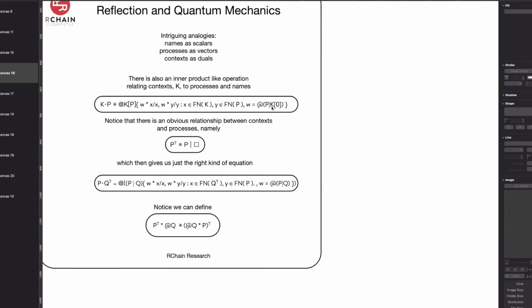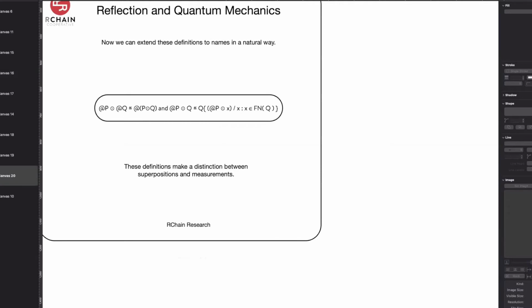We don't run them, right? So it could be constructing a red X, but we leave it static. Here, we are going ahead and running them. And that, I argue, is what's taking the role of measurement. Does that make sense?